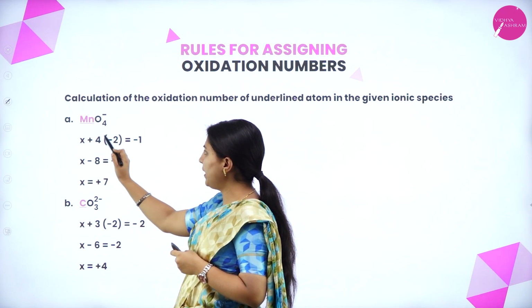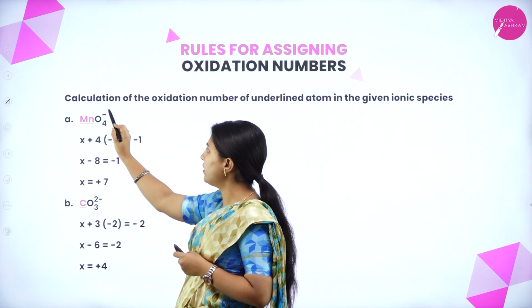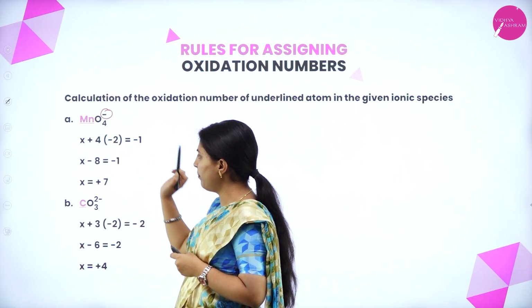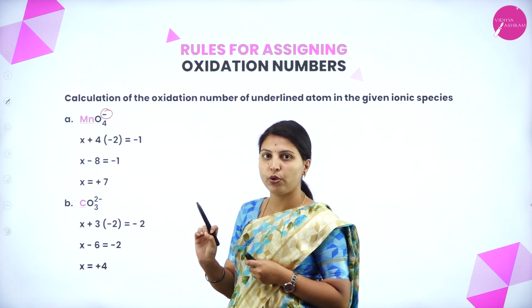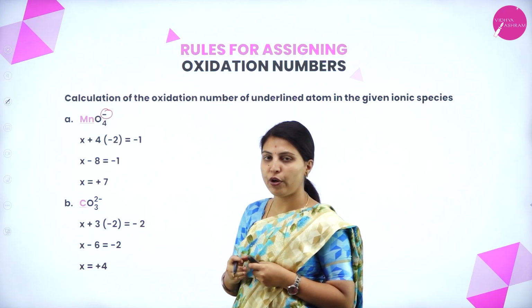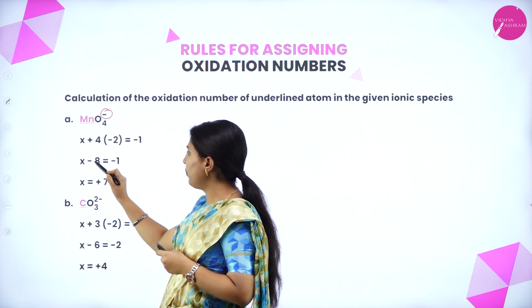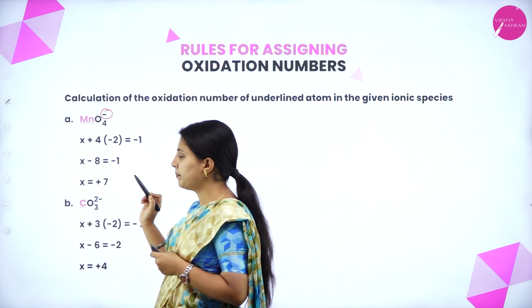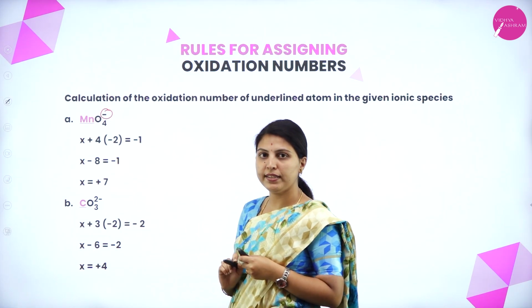So, X plus 4 into minus 2 equals minus 1, because an ionic charge is present. Here the algebraic sum will not be equal to 0. You have to represent the ionic charge given on top of the compound. X minus 4 twos are 8 equals minus 1. If you take 8 to the other side, or minus 1 to the left-hand side, x equals plus 7.